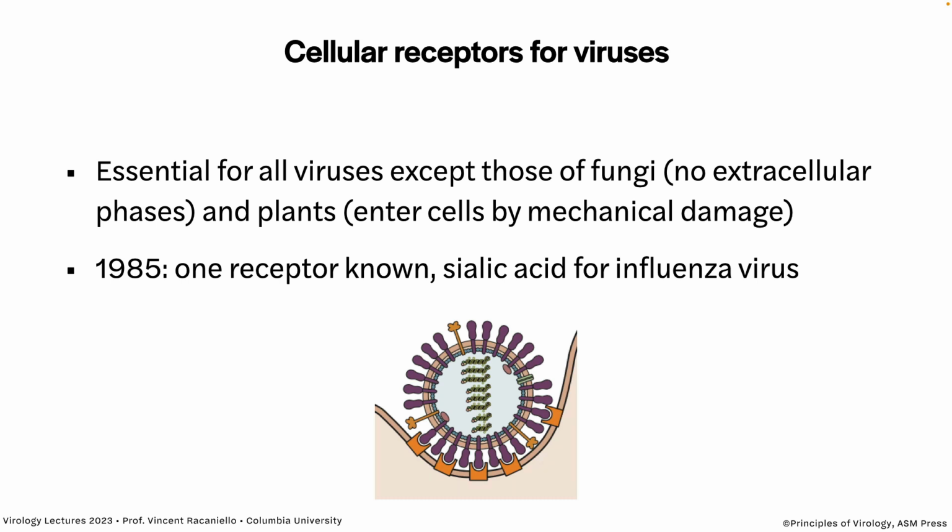So receptors for viruses as a field is pretty new. First one was identified, well, before 1985, but that was the only receptor that was known, which is sialic acid for influenza virus, as we'll talk about today.